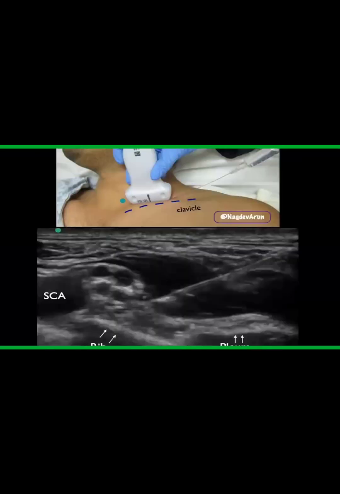Now, if we see this figure, we can see a needle going down. We can see the rib below, and the needle is exactly in the brachial plexus sheath, and the fluid is injected around the trunks. And we can see the subclavian artery away from the needle direction.